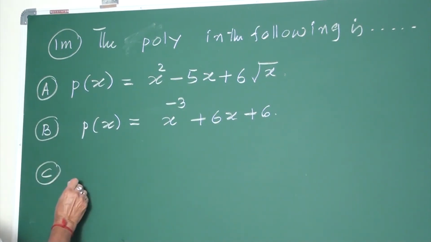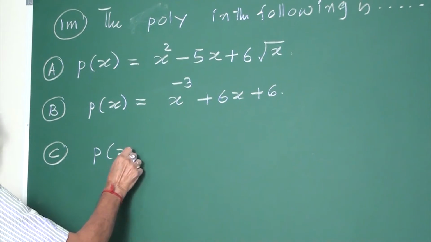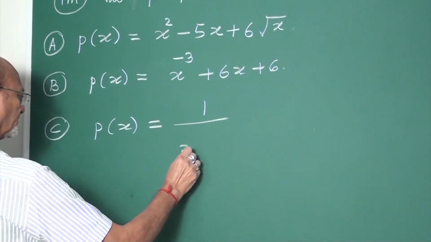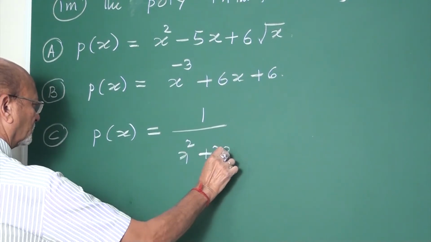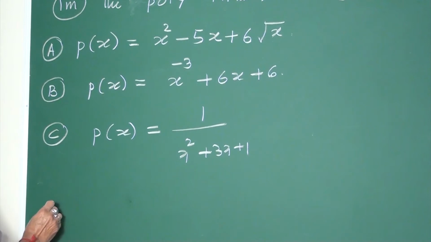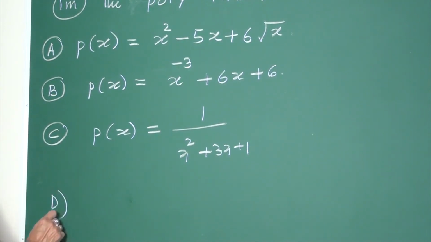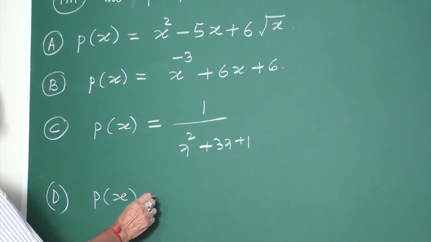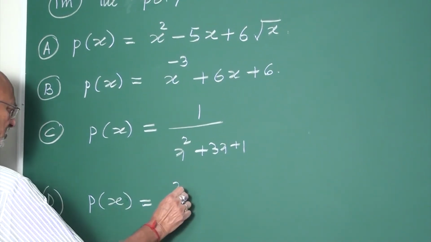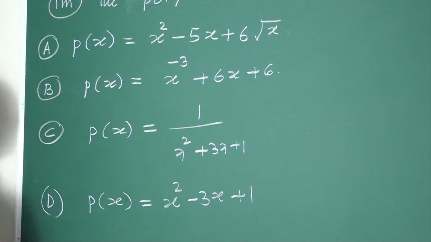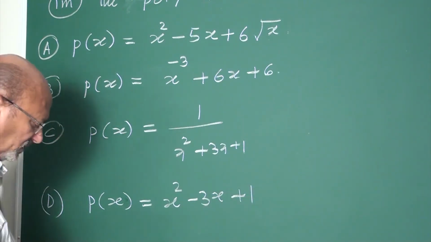Third, C: p(x) equal to 1 upon x squared plus 3x plus 1. Fourth one, D: p(x) equal to x squared minus 3x plus 1.